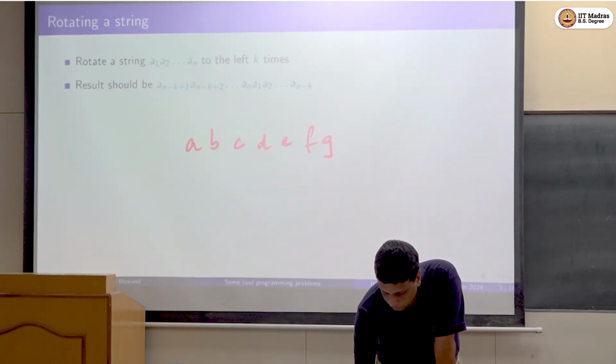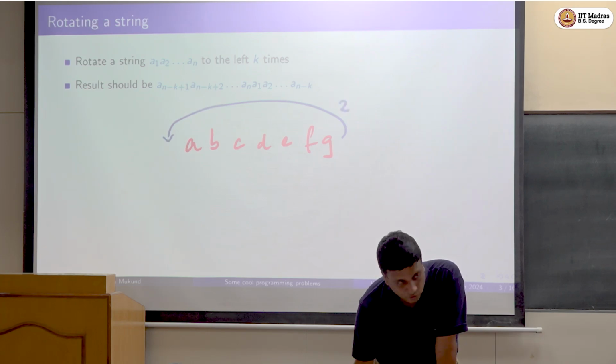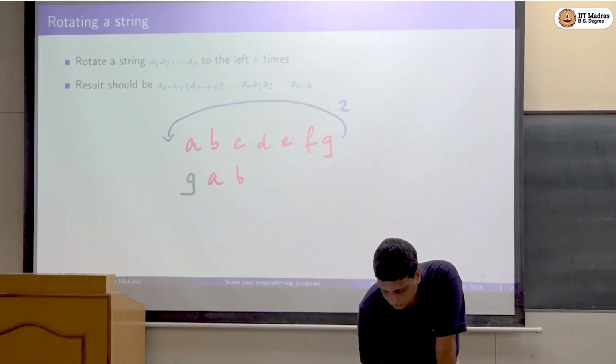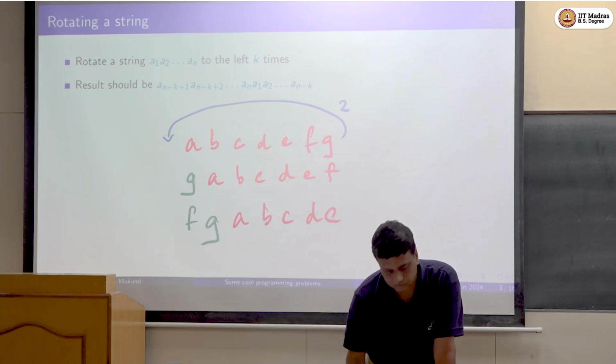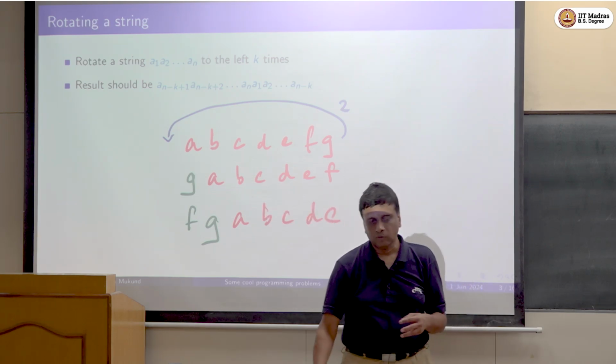And now I want to say rotate it twice. So what this means is that first I put the G here, okay, and then I put, right. So the problem is clear.